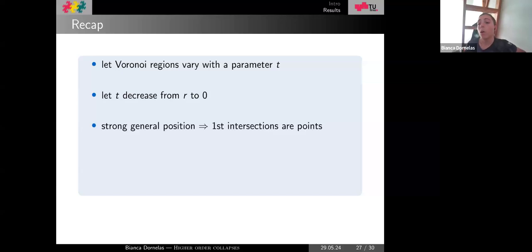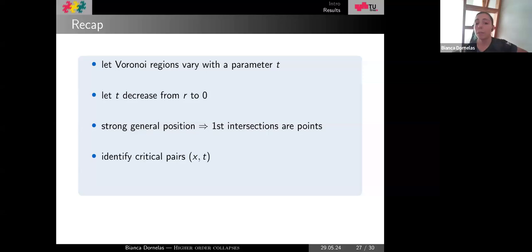And while we are decreasing, we want to be able to identify some groups of simplices that we can remove according to the current time. But to ensure that we can identify uniquely these groups of simplices, we also want that the Voronoi regions that are varying, when they first intersect each other, intersect at a point. And for that, we need this strong general position condition.